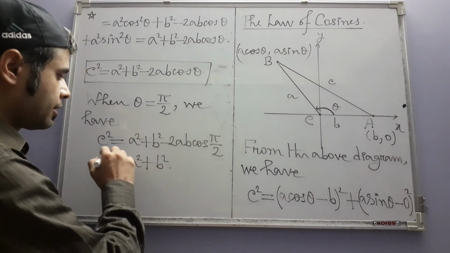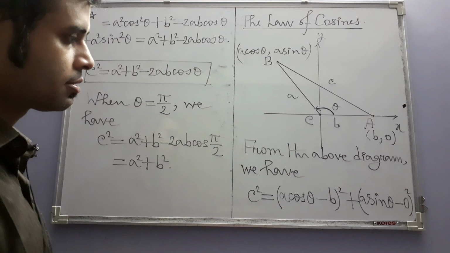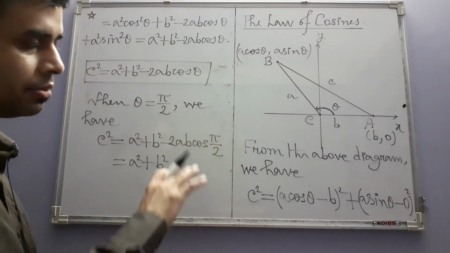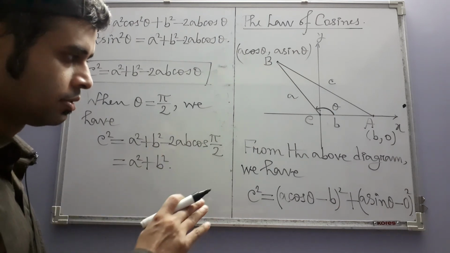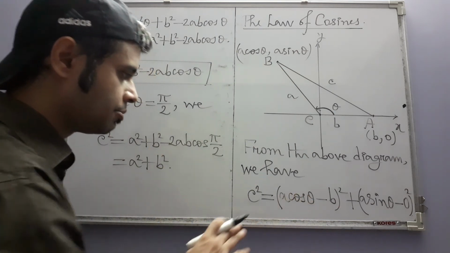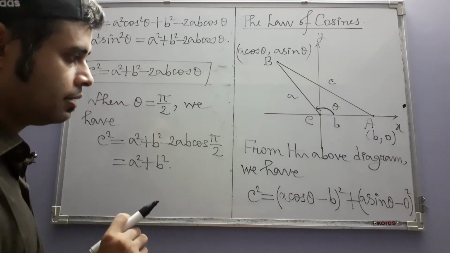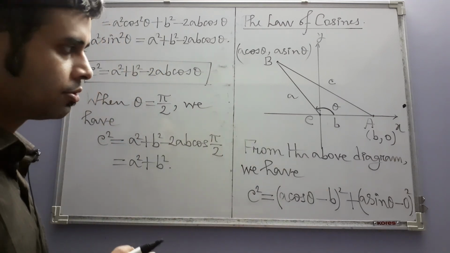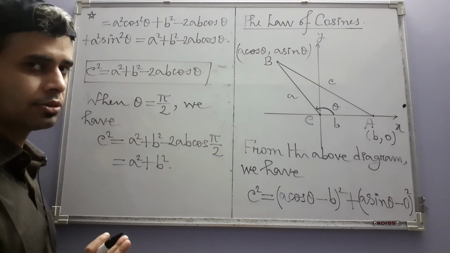So you cannot treat it as a corollary to the law of cosines, because the Pythagorean theorem was proved independently of these things, first using not coordinate geometry, but simply plain Euclidean geometry, and then using that we have found the distance formula. So it's just an observation, that's all. It's not a proof of the Pythagorean theorem.